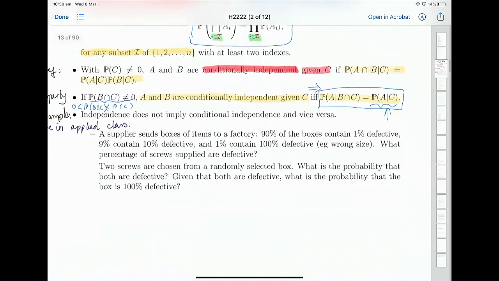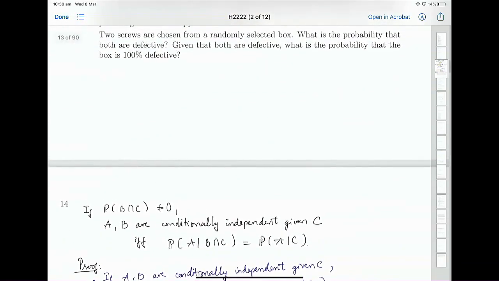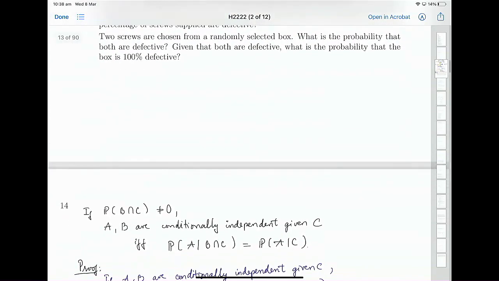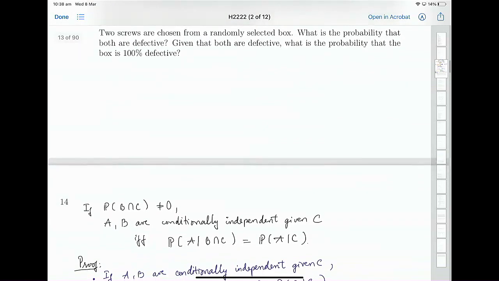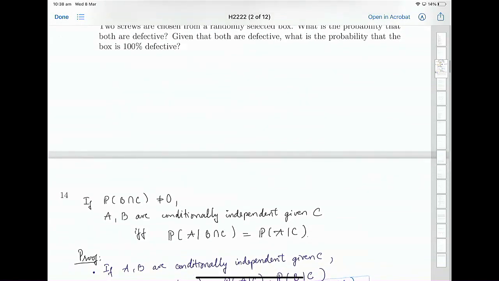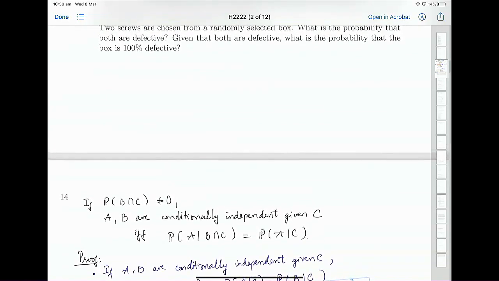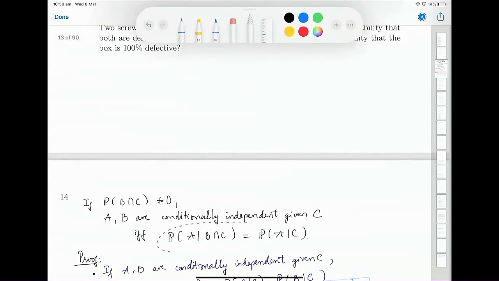Okay, so I go to the proof. This is the statement, and now I want to prove the first direction. If A and B are conditionally independent given C, I want to prove that A, B, C satisfy this equality.